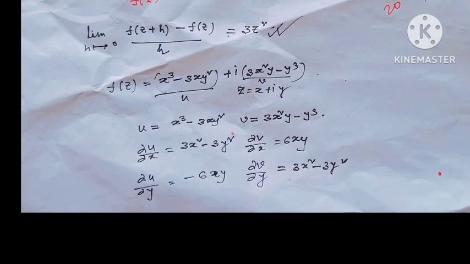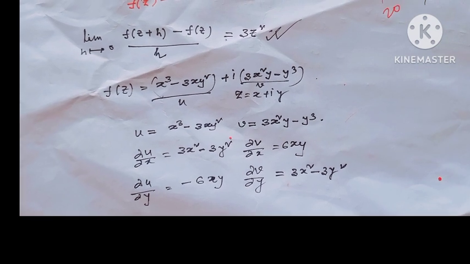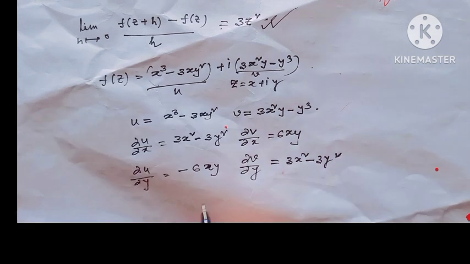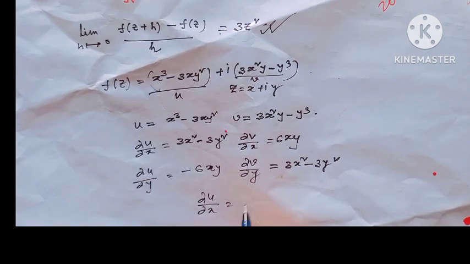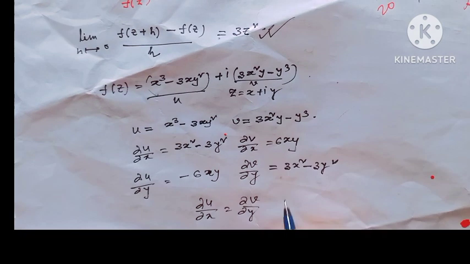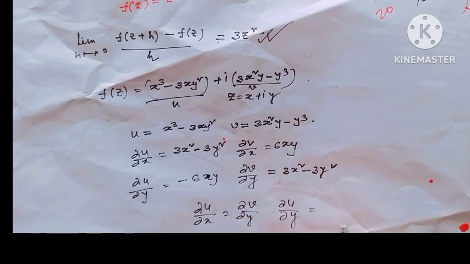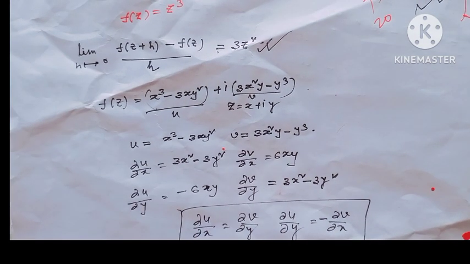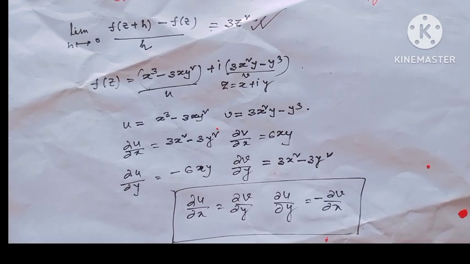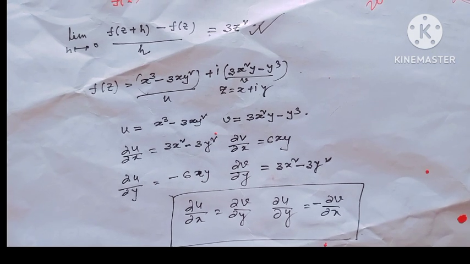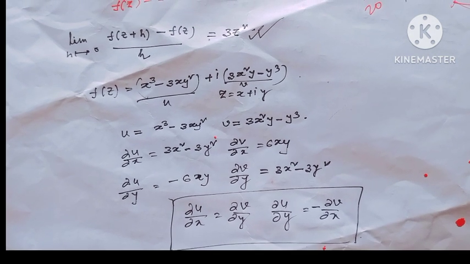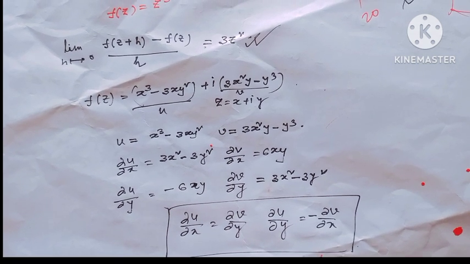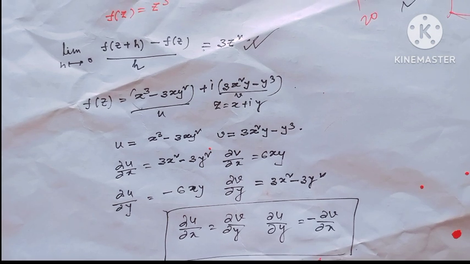So the function is differentiable, and it also satisfies the CR equations: del u del x equal to del v del y and del u del y equal to minus del v del x. So when a function is differentiable, then it always satisfies the CR equations, but the converse is not true. It means that if the CR equations are satisfied, this does not always imply the function is differentiable.